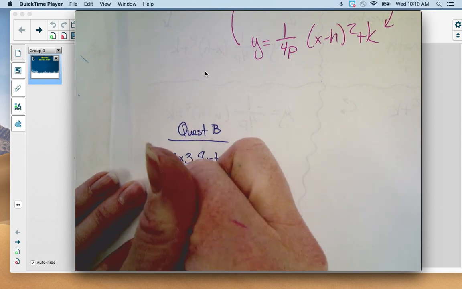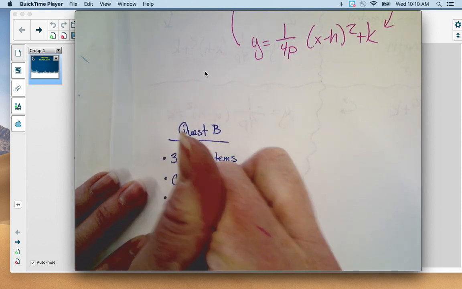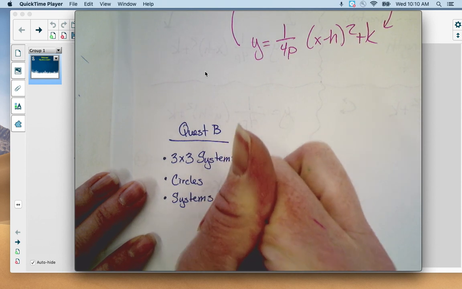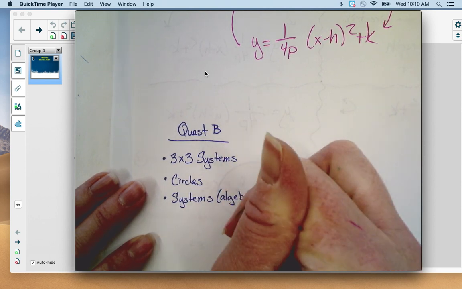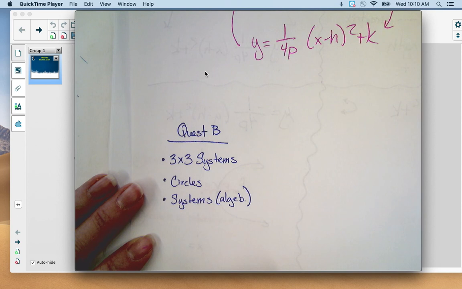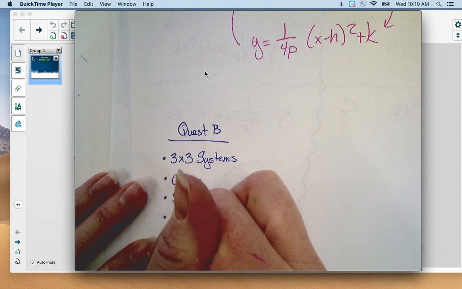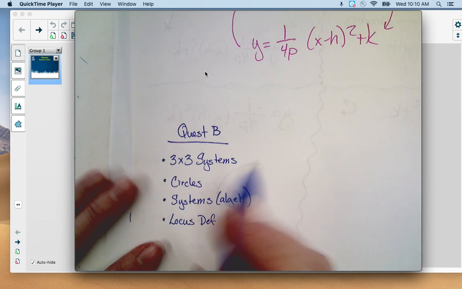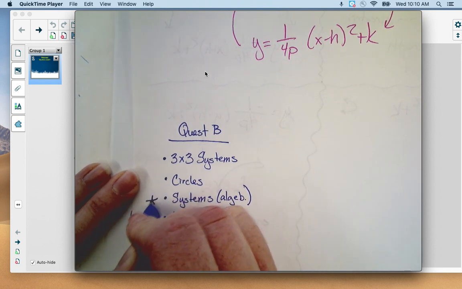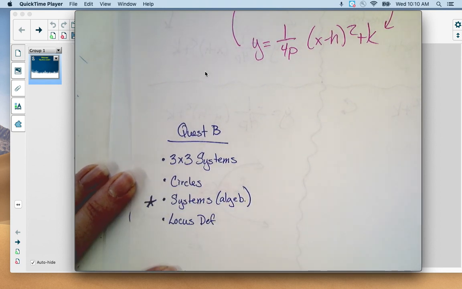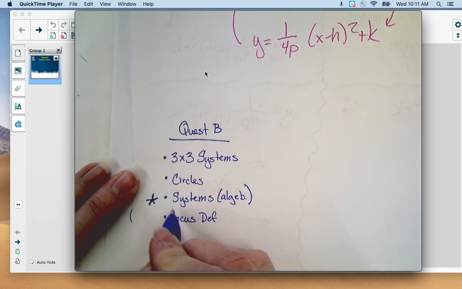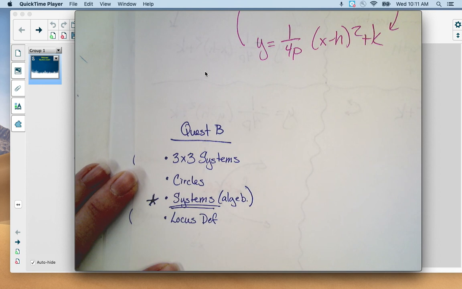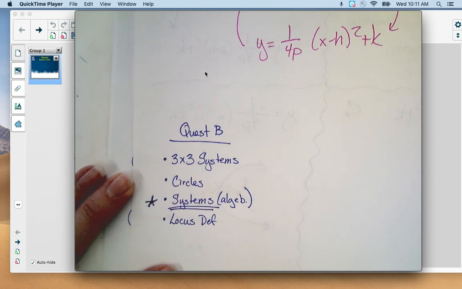Then we covered systems algebraically, which is really why I covered circles. And then locus definition. We're going to hit a little bit on everything next class. The largest part where you're probably still struggling is potentially locus definition. Hopefully today helped clarify. But I'm going to bet most of you will spend most of your review time next class focusing on algebraic systems. That's where I'm seeing a lot of Algebra 1 mistakes come up.